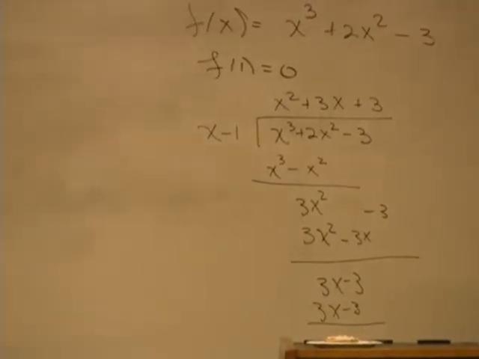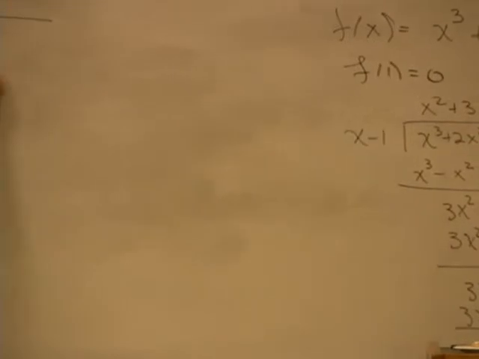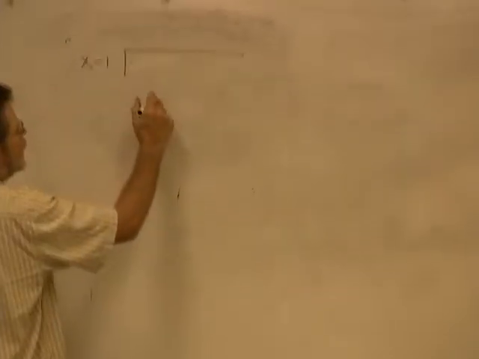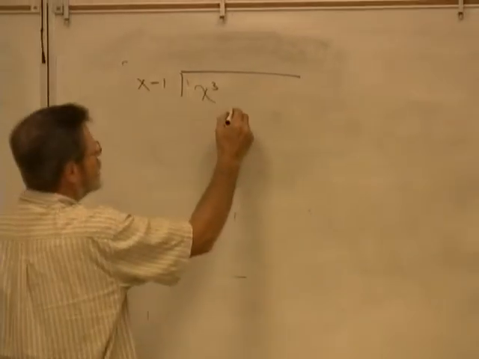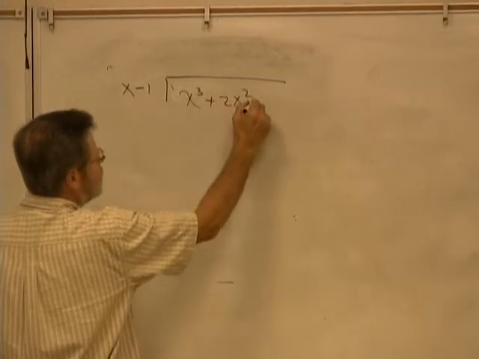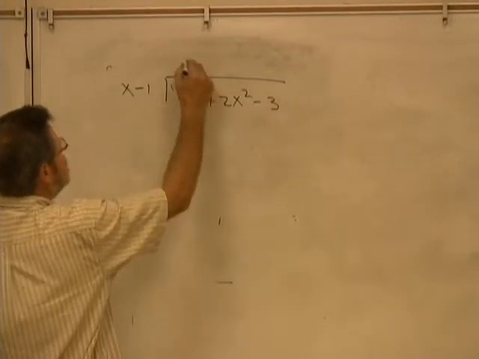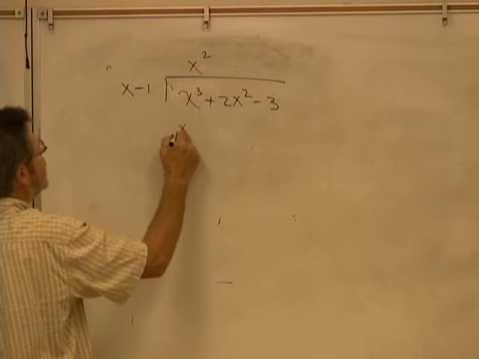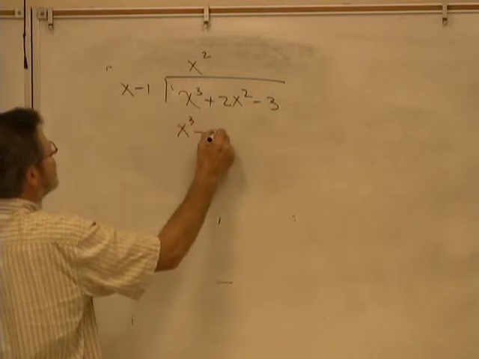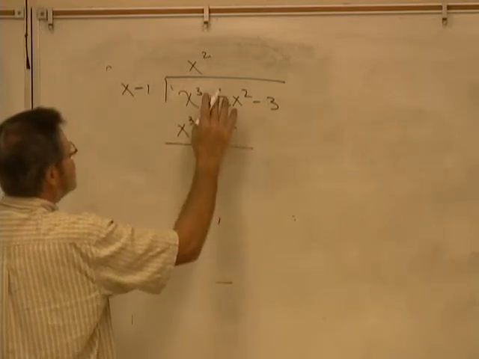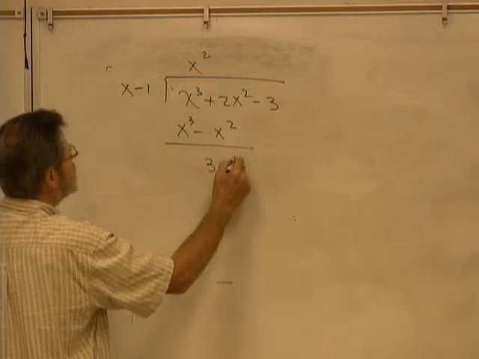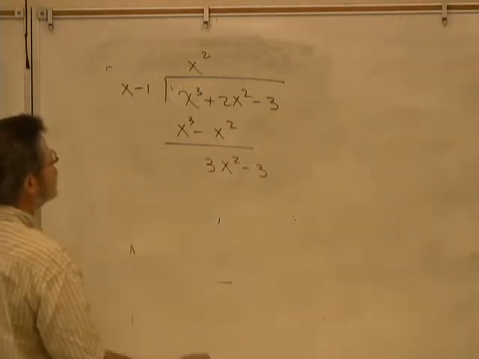This is x minus 1 times x cubed plus 2x squared minus 3. And so this is x squared, x cubed minus x squared. Change the sign, this is 3x squared minus 3.